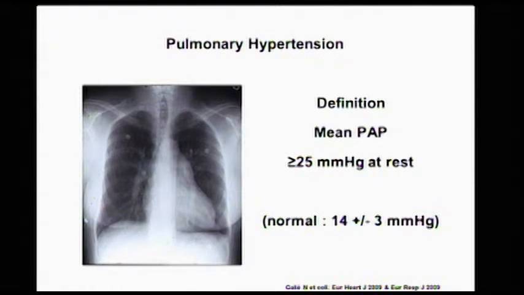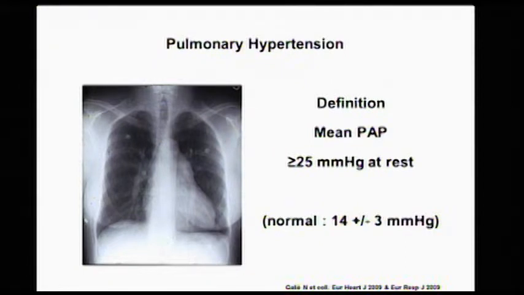You may know that the normal value is 14 and the standard deviation is 3. So when you have a patient with a mean pulmonary artery pressure above 25 millimeters of mercury, it's already quite advanced. And this morning and this afternoon, we listened to many colleagues stating that we establish respiratory disease diagnosis too late.